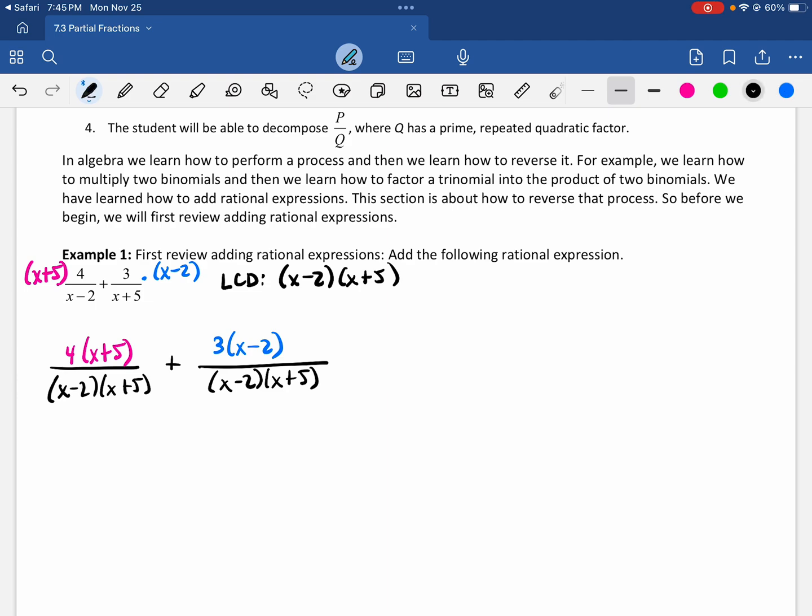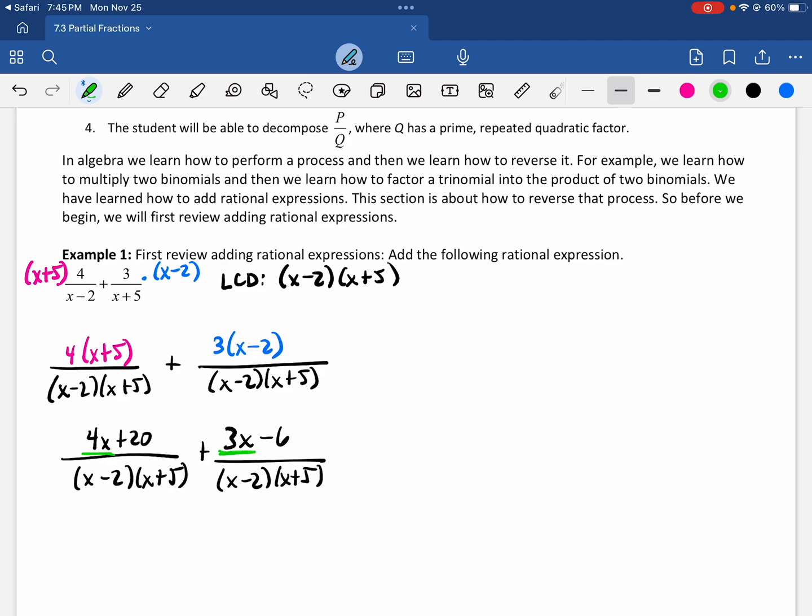When I multiply those, I'm going to get 4x plus 20. And for the second one, we're going to get 3x minus 6. Once we have them simplified and over the same denominator, we can add those numerators together by combining like terms.